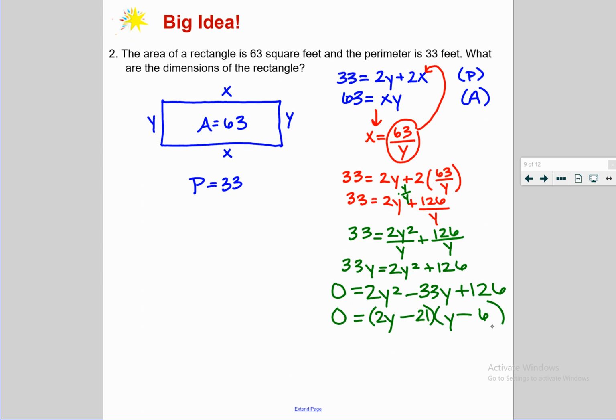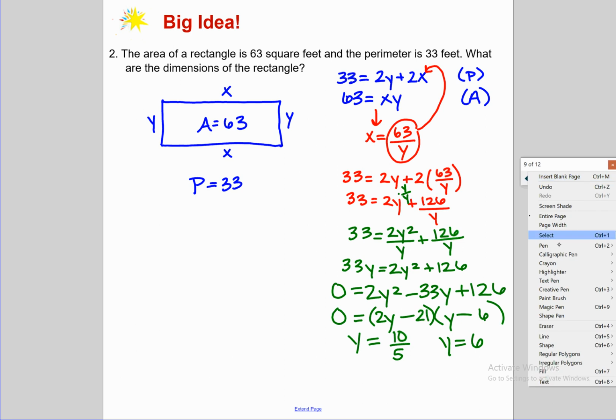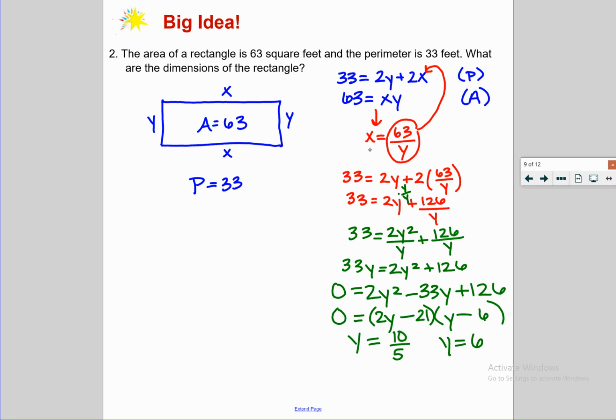If you don't want to guess and check like this, remember you could always use the grouping method like we practiced yesterday, or the quadratic formula. Quadratic formula will take you straight to the two answers of y equals 21 over 2, or 10.5, and y equals 6. Once you have y, I would plug it back into that really easy bottom equation.